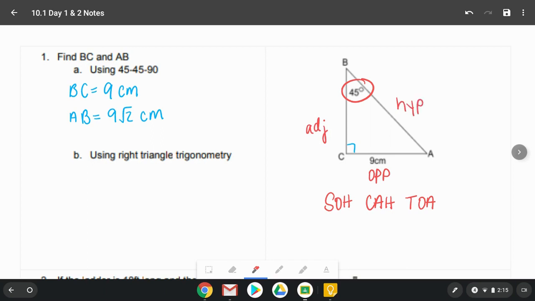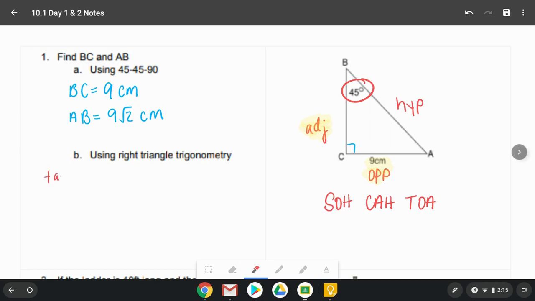Okay, so then if we are setting this up and I'm going to look for side BC, well, I'm going to use the information that I'm looking for, and I'm also going to use the information that I'm given in order to help me solve using right triangle trig. When I do that, I'm going to end up setting up opposite and adjacent, which means I'm using tangent.